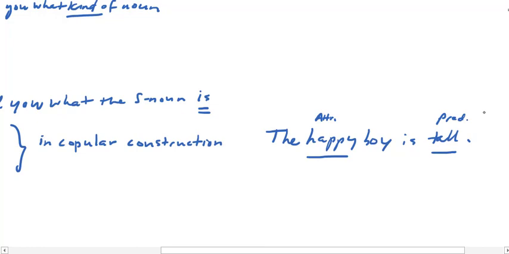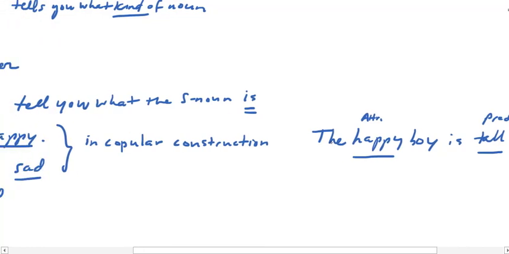Okay? My entire sentence is a copular construction because I'm making an assertion about what some subject is, but the predicate adjective is only the adjective that tells me the quality of the subject, right? What the quality is. Even though this is copular, I could even have an attributive adjective modifying the noun that I'm making an assertion about.